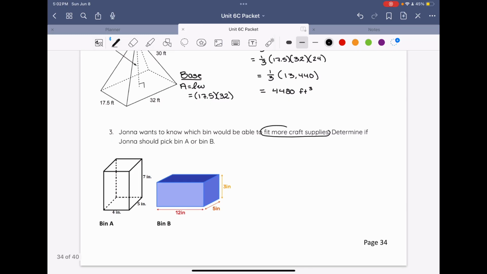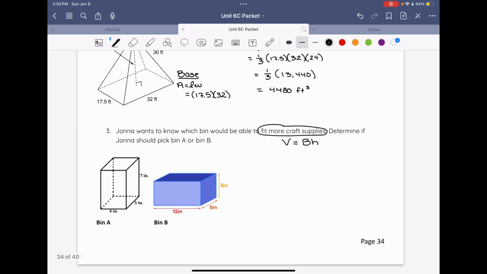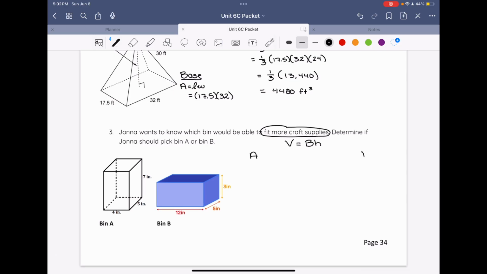Okay, so this is talking about fitting craft supplies inside of it. So that's volume, and remember volume equals capital B times H. We have bin A, bin B, and we're comparing their volumes. So volume of our rectangular prism, we've got length times width times height, because area of the base would be length times width.